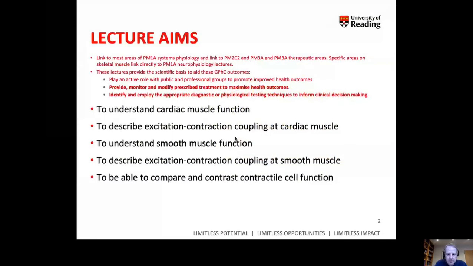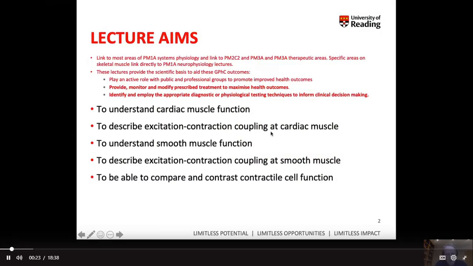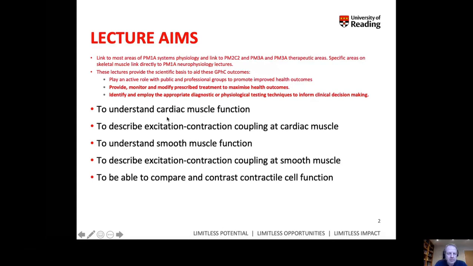So this is officially screencast 4, and what we're going to do in this and the next 1 or 2 screencasts is to let you understand cardiac muscle function, and in particular to describe excitation contraction coupling in cardiac muscle and highlight the similar proteins and the different proteins that are involved in EC coupling in cardiac versus skeletal muscle.